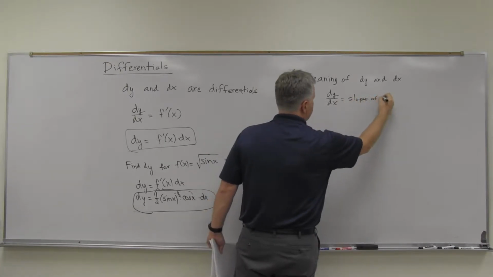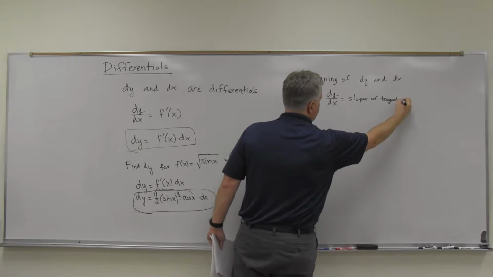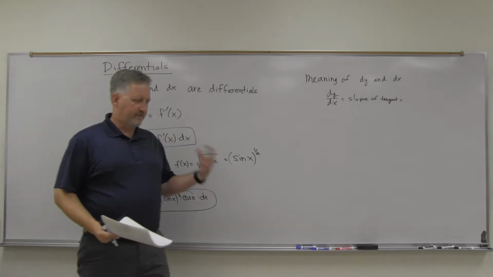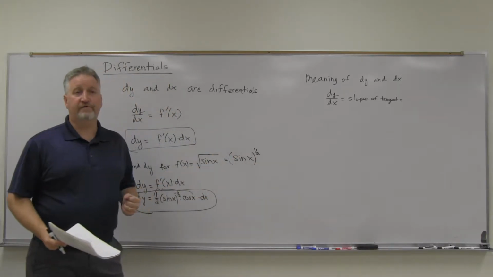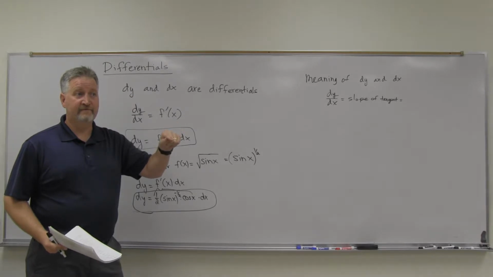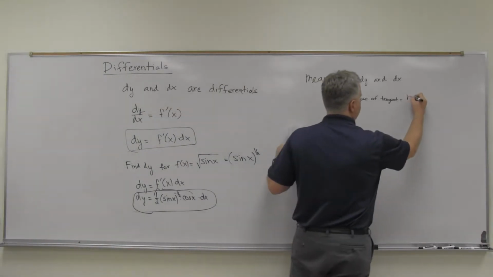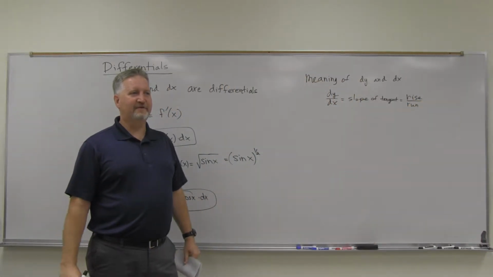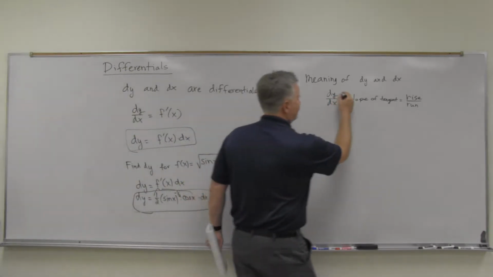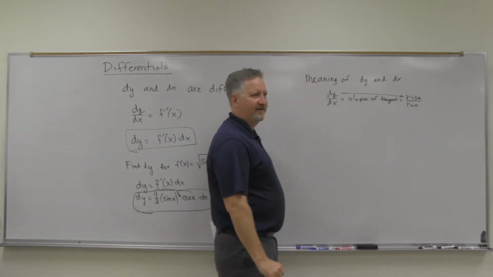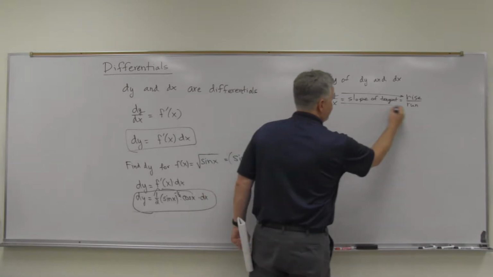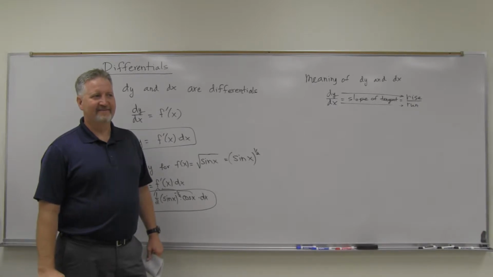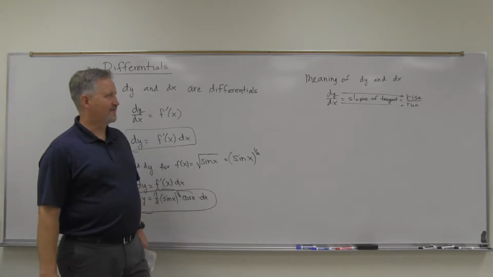Well, if dy over dx equals the slope of the tangent, another way we know a slope is rise over run. That's what slope is. So guess what you can interpret dy as then? It's the rise of your tangent line, and dx is the run of your tangent line. Yeah, dy is the rise, dx is the run, right? Rise over run.